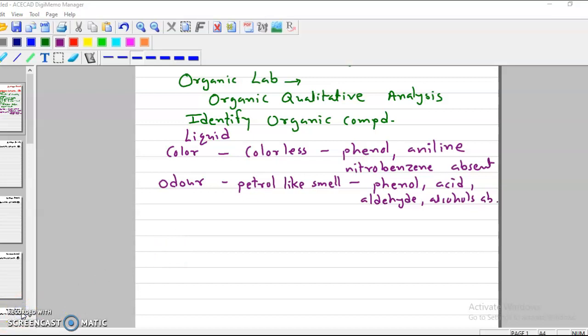As the liquid smells like petrol, we can say that maybe a hydrocarbon is present. So your compound may be a hydrocarbon.